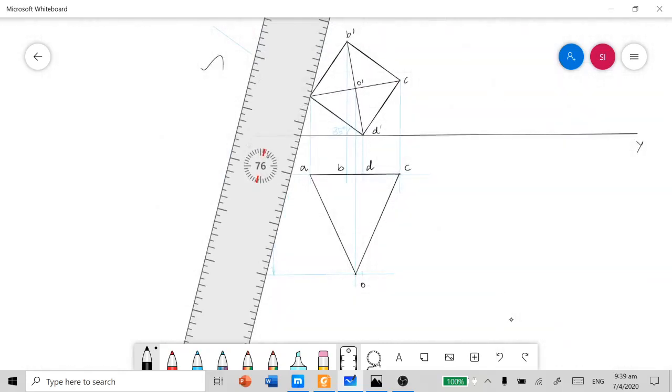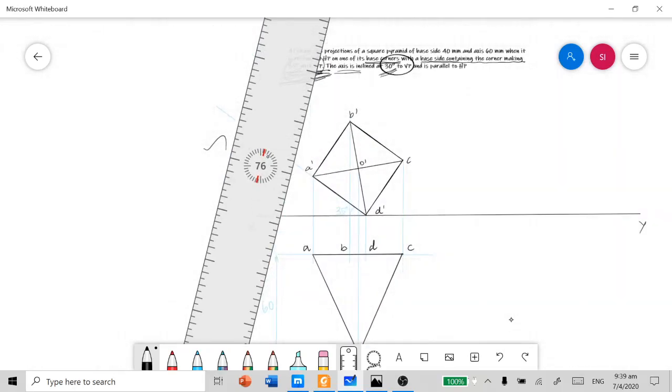When you consider the top view of the edges OB and OD, when you look at the solid from the top, the edge OB is visible to you, and the edge OD is invisible to you.